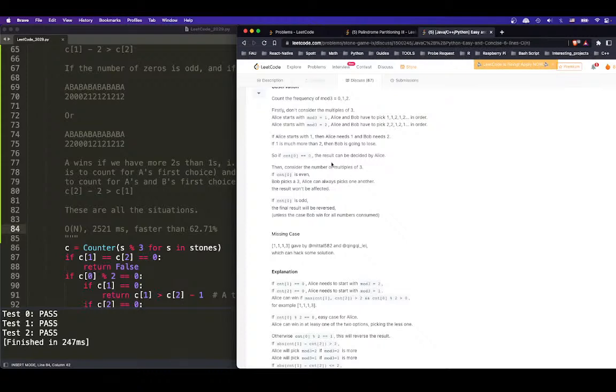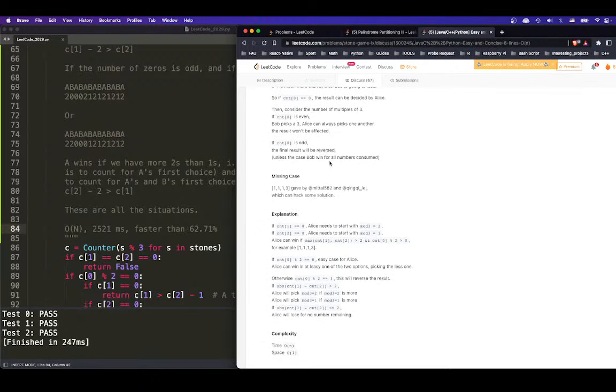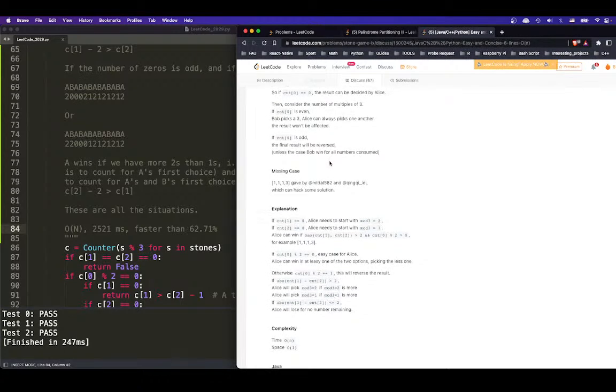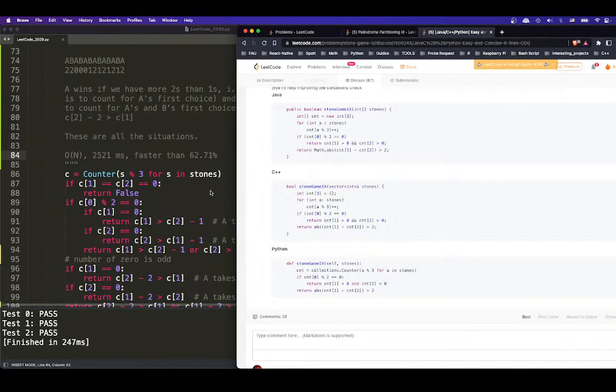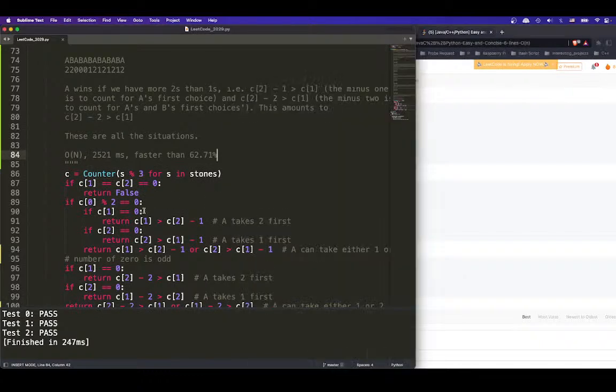Yeah, because 0 is also even. Hold on. If this is equal to 0, this is not going to happen.